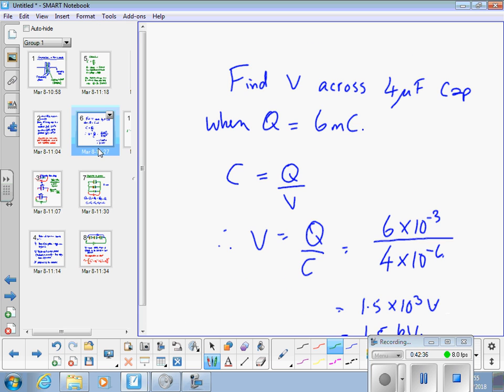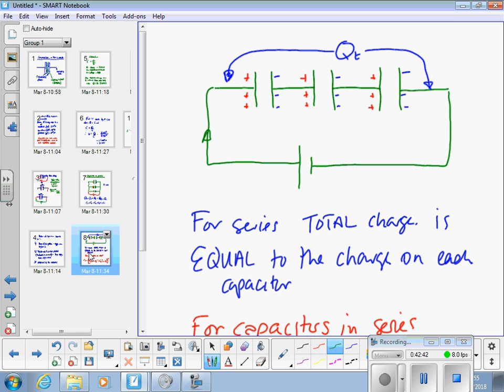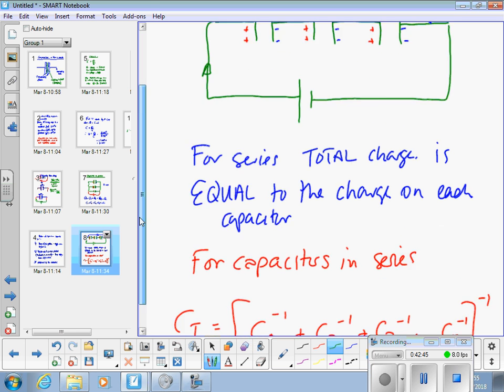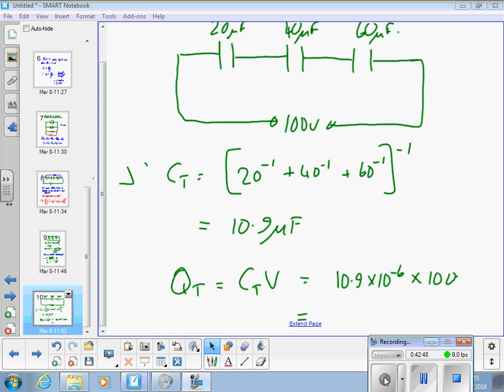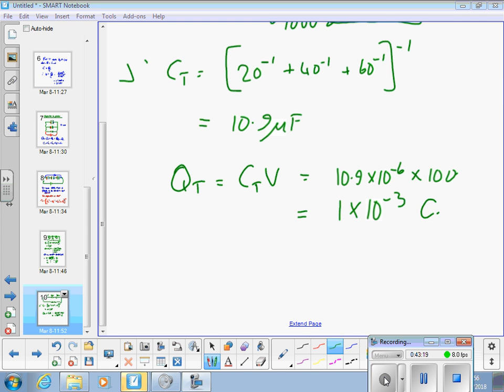Calculate the total capacitance like we did before. That's near enough, because that'll become 10 to the minus 6. It's close enough.